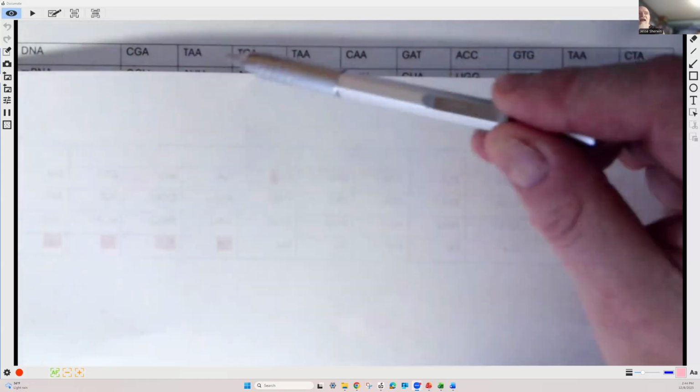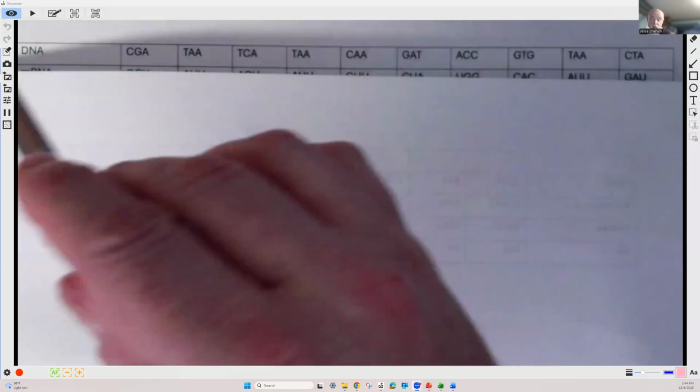So CGA, TAA, TCA, TAA. That's what the codon actually is here. I already broke it apart for you. The one thing I did not do is put the start code, the AUG, or the end code. We're just skipping that for right now because we're more focused on how this egg is actually built.